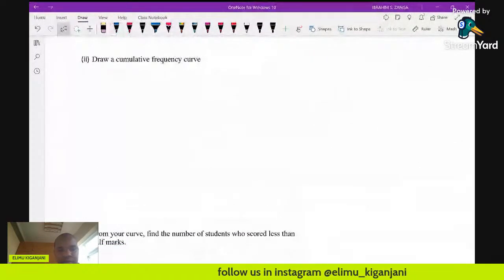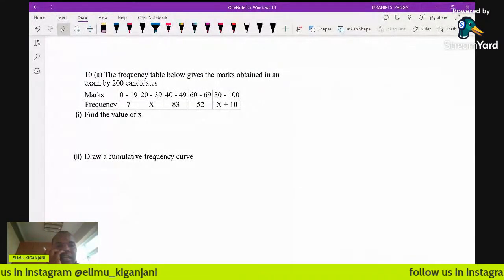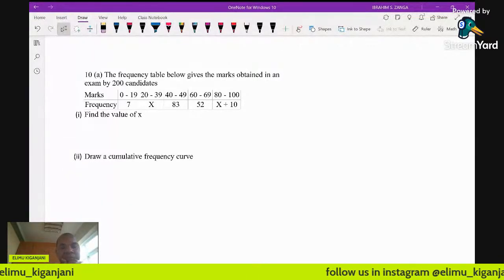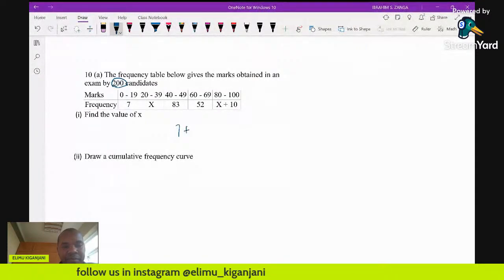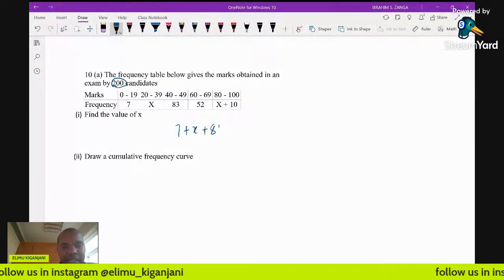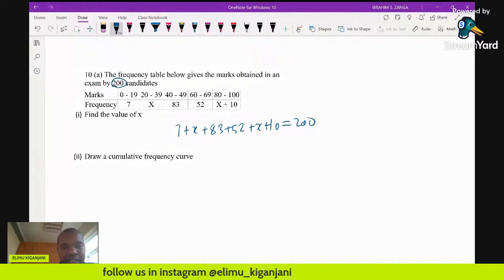The frequency table below gives the marks obtained in an exam by 200 candidates. Find the value of x. First of all, we are told there are 200 students. So 7 plus x plus 83 plus 52 plus x plus 10 gives 200.